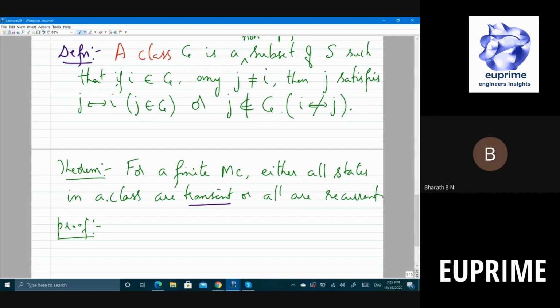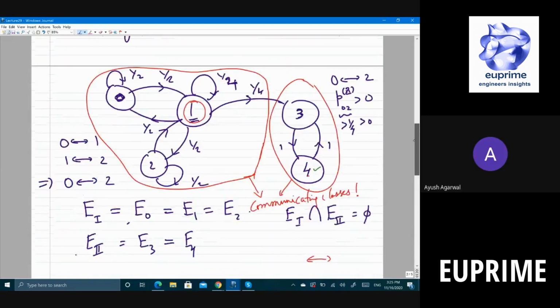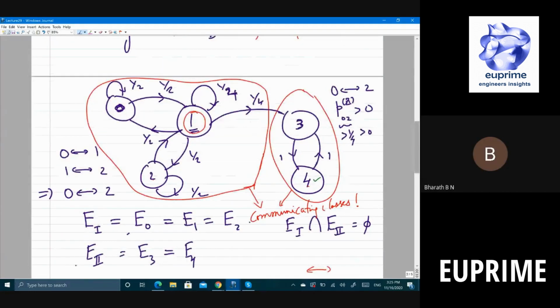Sir, in the graph that you drew above, 0 and 2 are recurrent? No, not really, right? That's something we made a mistake on. Now let's go by this definition. You're right, that's what I was also about to say. What can you say about 3 and 4? They belong to one class, right?